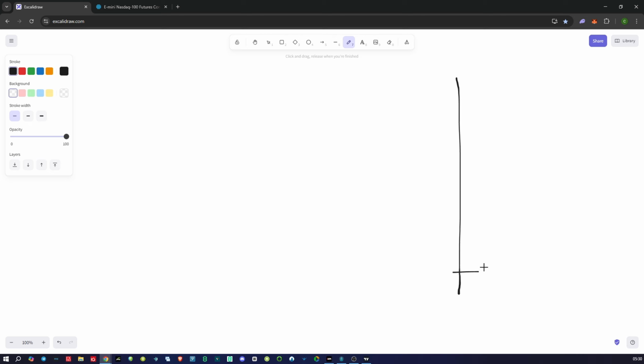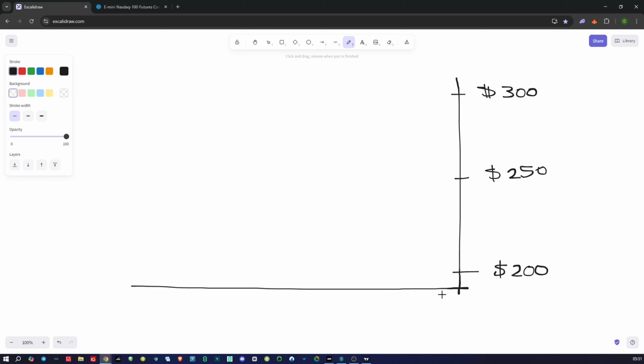We've got $200, then we've got $300 here, and let's say 250 in the middle. I'm going to draw a chart, and then we've got time here. Again, we're going to talk about shoes, and try to explain supply and demand in the simplest way.